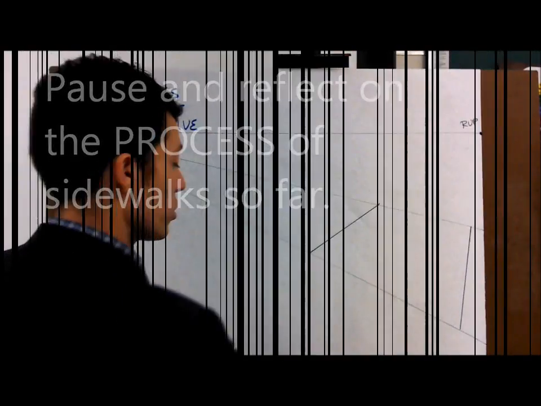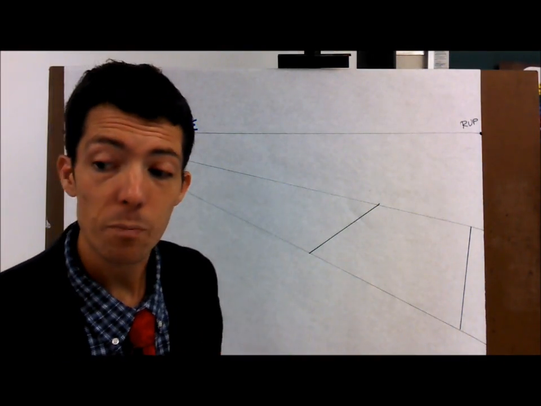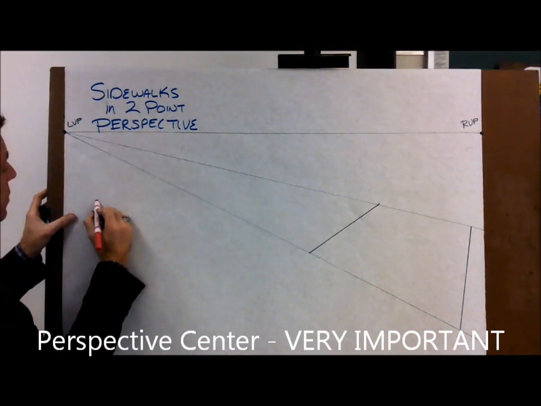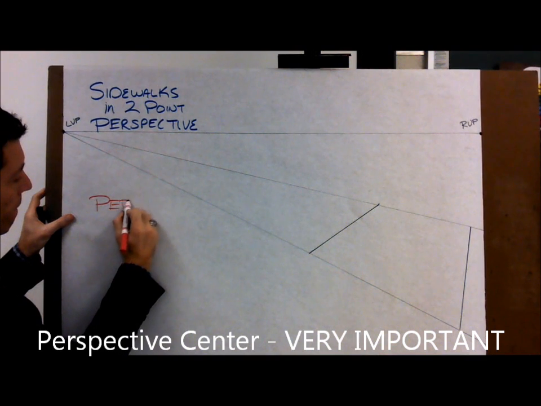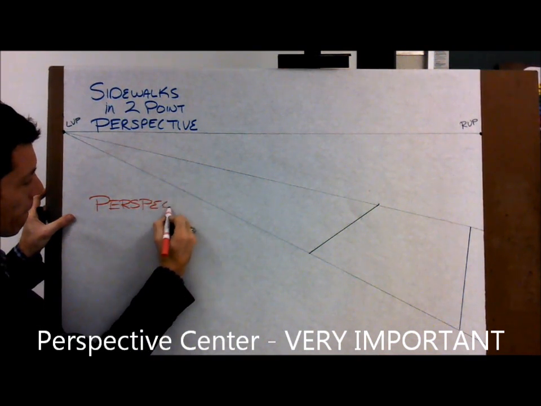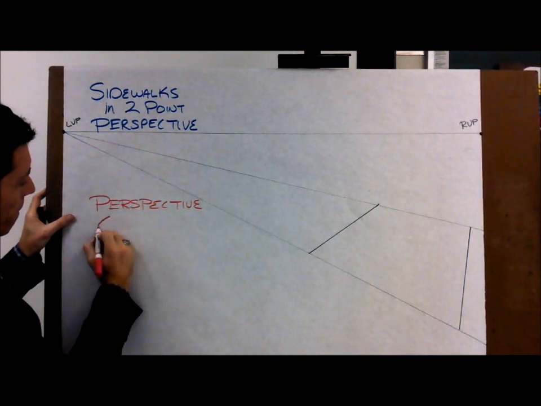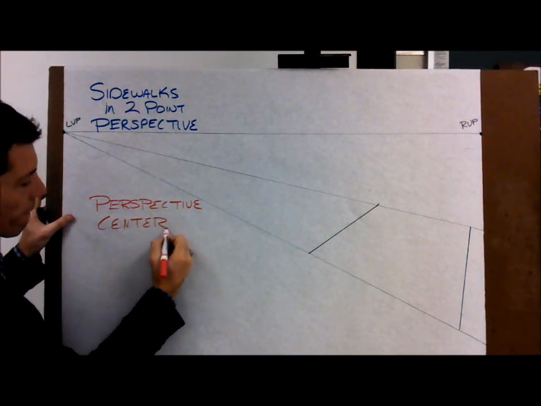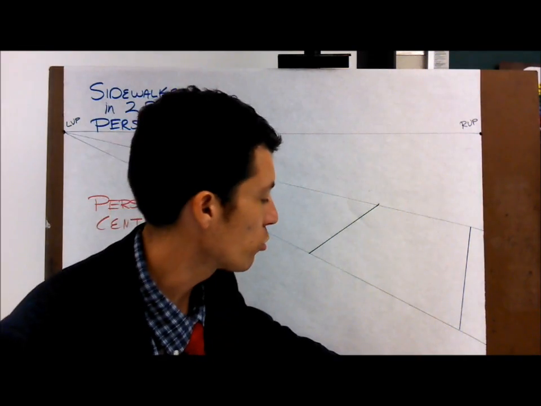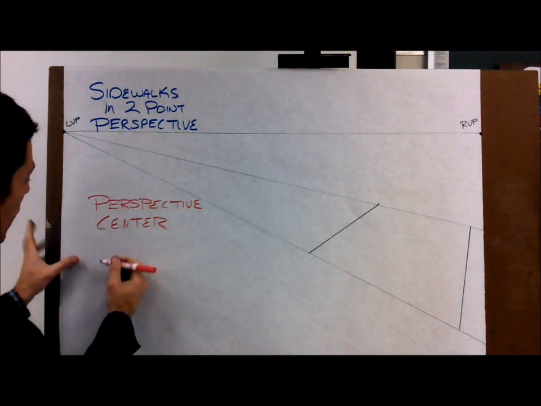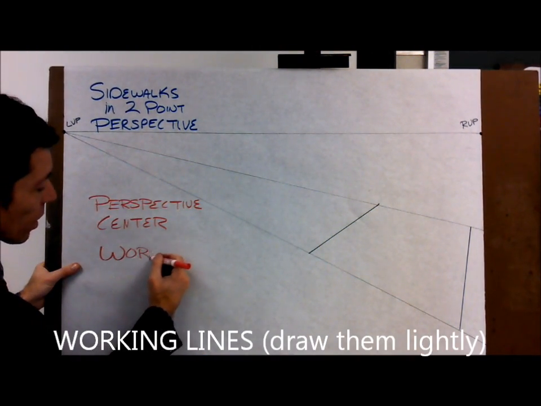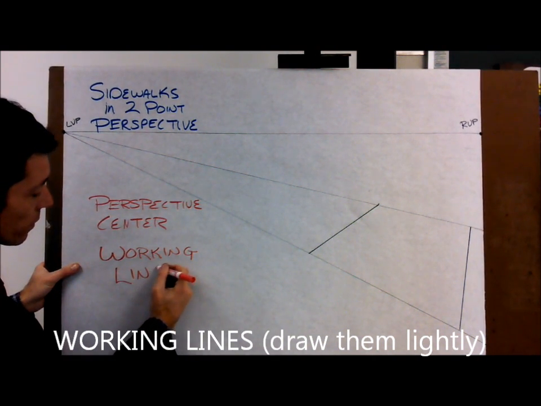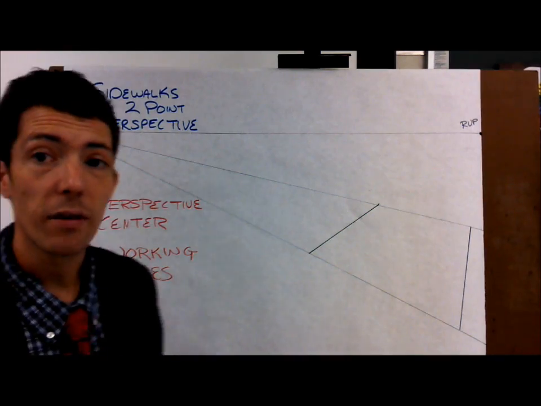Next thing that we're going to do is we're going to find perspective center. And so perspective center is found by drawing two working lines, and these are working lines because they're going to be erased eventually.